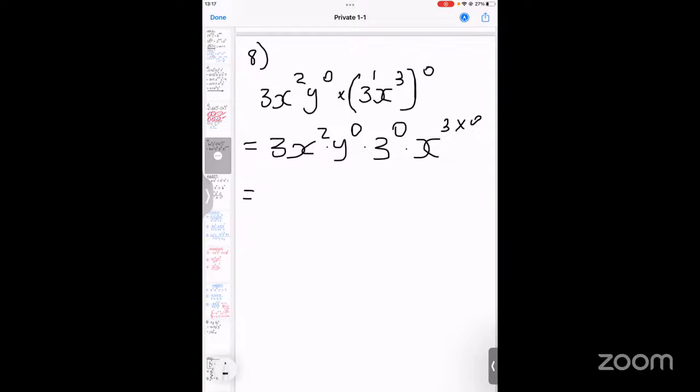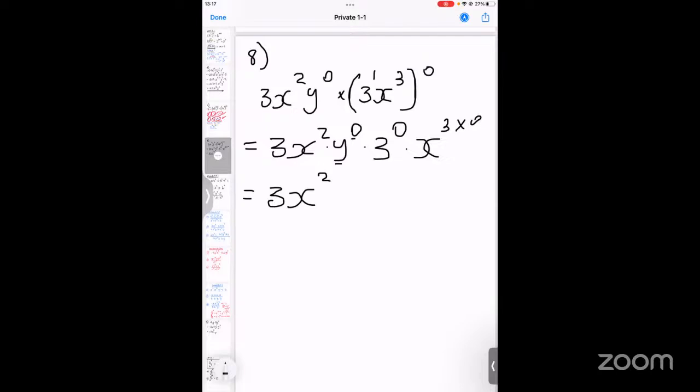So what is a letter to the exponent 0, Langelihle?